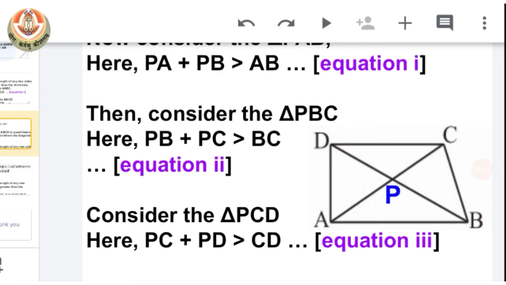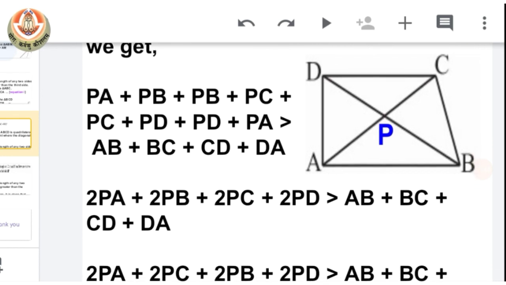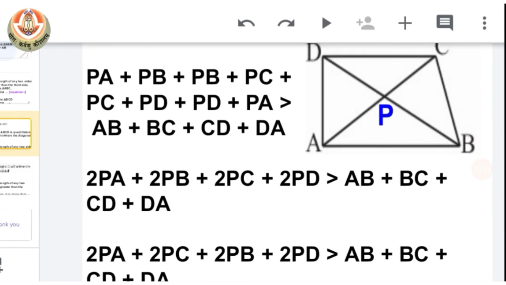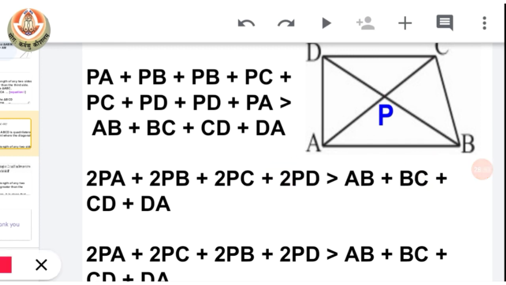Similarly, we have to do this for the other two triangles. Then we will get 4 equations and we are going to add them, as we want the sum of all the sides of the quadrilateral on one side. So we get the sum of PA and PB, then for the second triangle the sum of PB and PC, where PB is repeating.